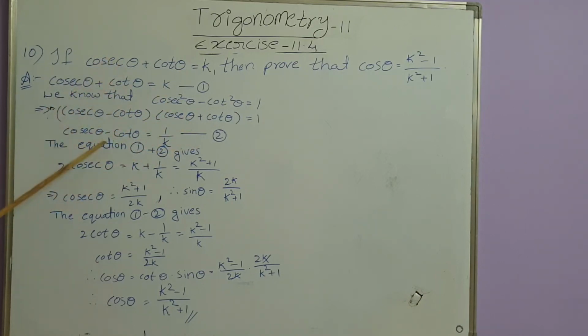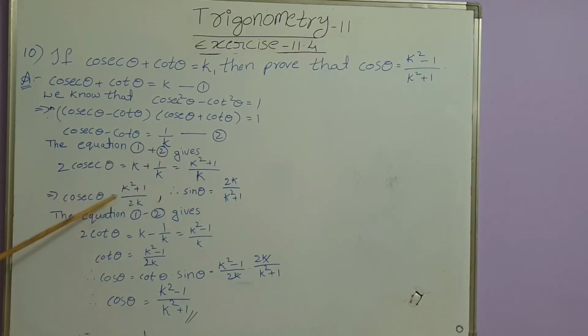Add these two equations: cosec theta plus cosec theta is 2 cosec theta, and cot theta minus cot theta, these two cancel. So 2 cosec theta is equal to k plus 1 by k, take denominator LCM, so (k square plus 1) by k. 2 cosec theta is equal to (k square plus 1) by k.